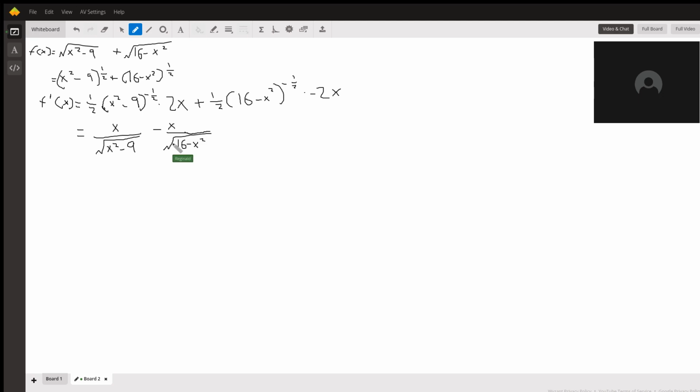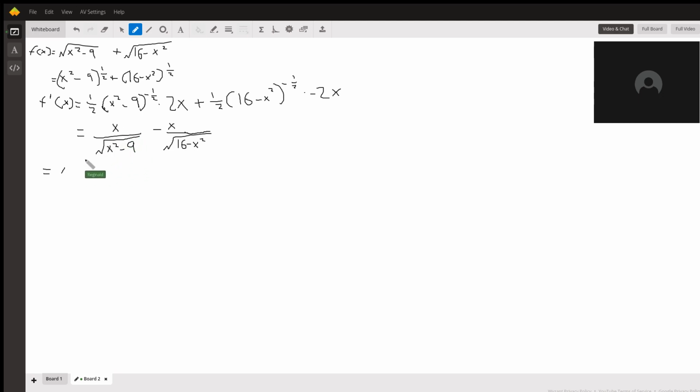Okay, let's get common denominators. So imagine if I were to put this radical 16 minus x squared here, I have to also put it up to this numerator.